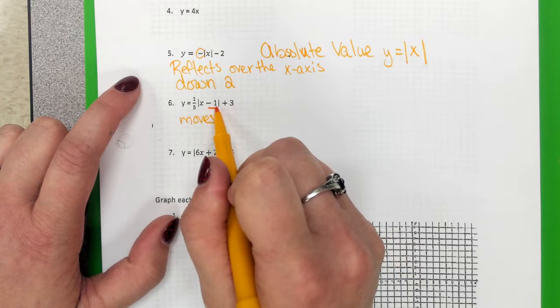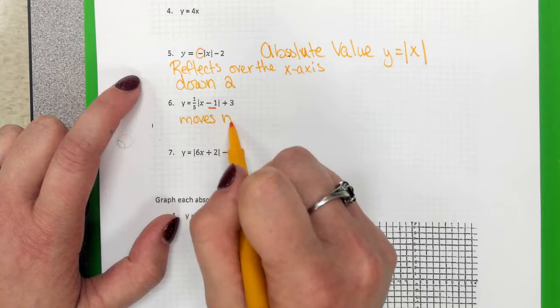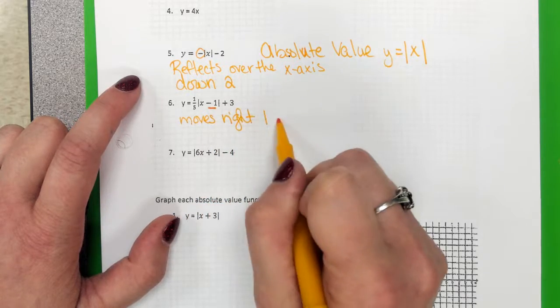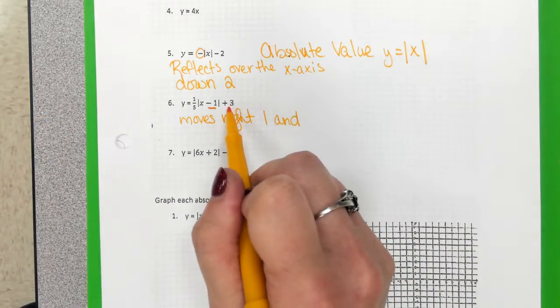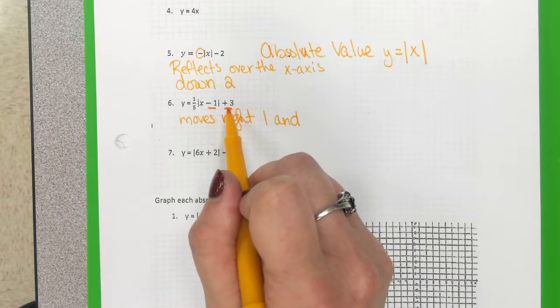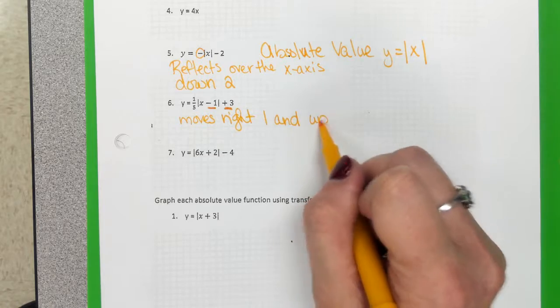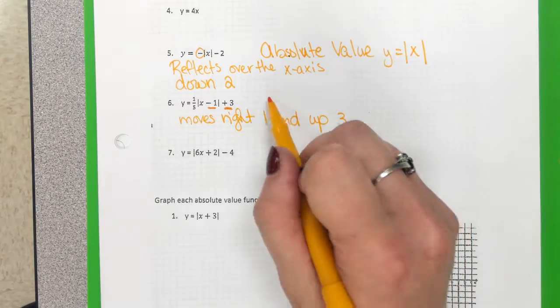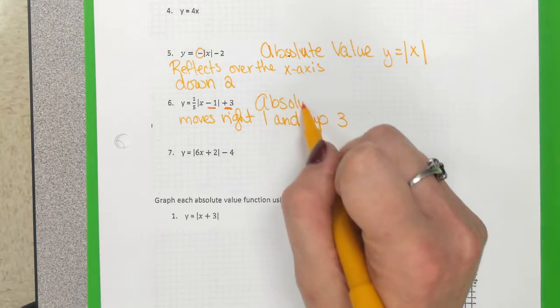Moves left. Right. It's opposite sign. You got to move right 1. And what's this guy do? It moves it up 3. It's an absolute value. Yep, I forgot to lead with that, didn't I, Jack?